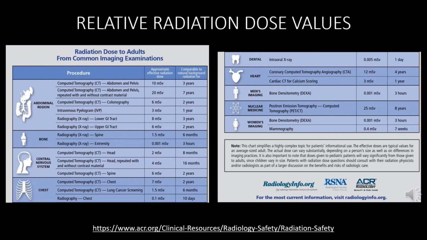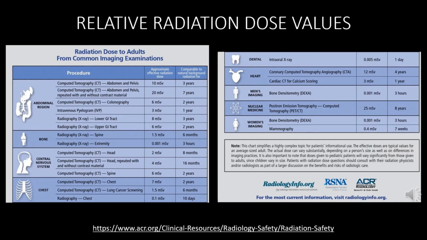This is an important slide. It also shows the relative radiation dose values, and it is a table prepared by the ACR of common imaging examinations. If you look, the first row shows a CT of the abdomen and pelvis, which has an approximate effective dose of 10 millisieverts, equivalent to 3 years of background radiation.